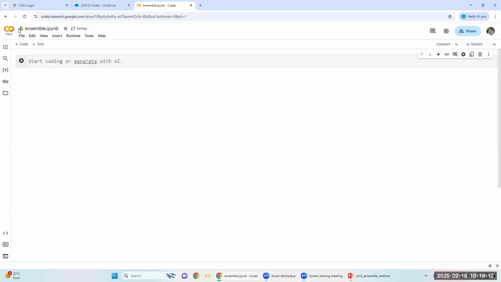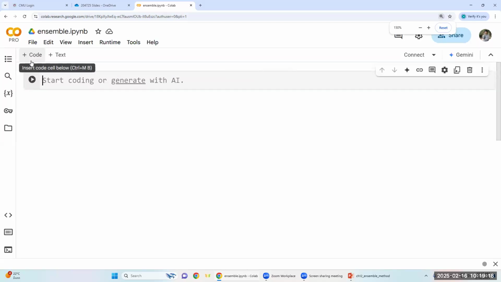Okay. So welcome back. We are going to look at some code for the ensemble method. So first of all, we need a data set. This time I'm going to generate a 2D data set with multiple classes, so we can try different ensemble methods.